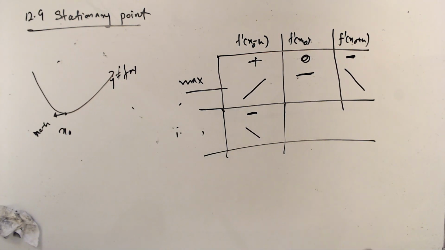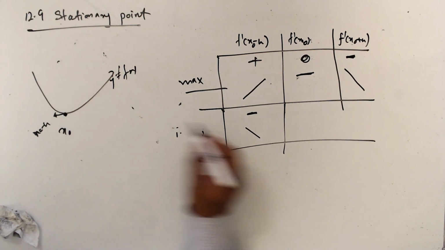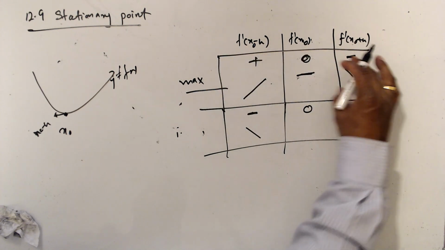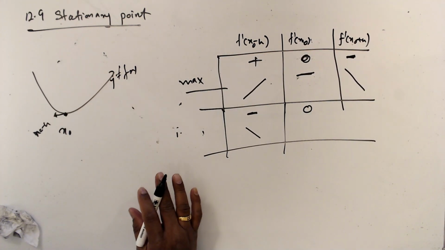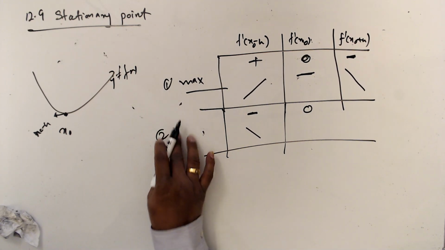So this is the shape, and we know this point is 0 now. Now this story is finished. Now the second story.